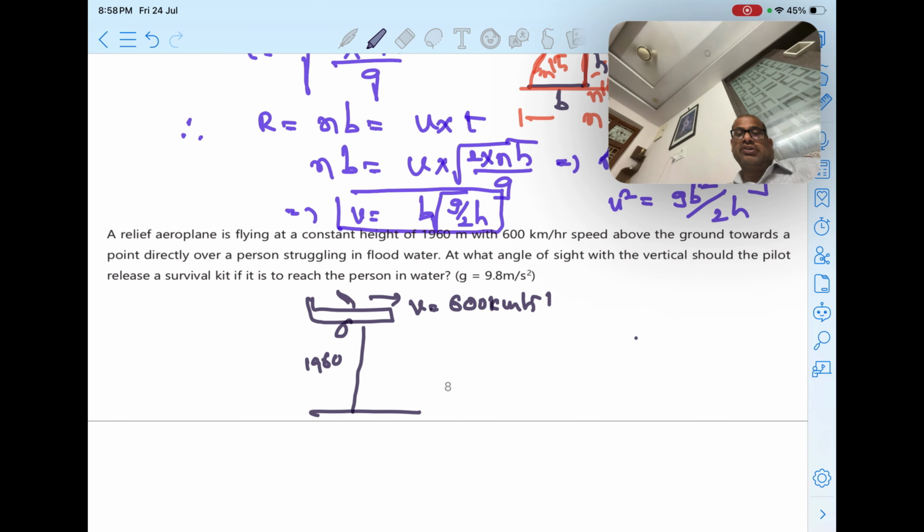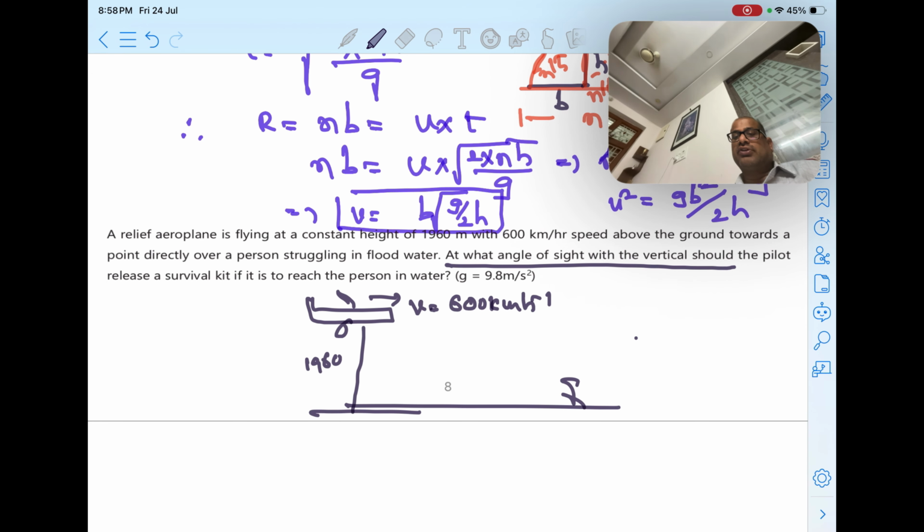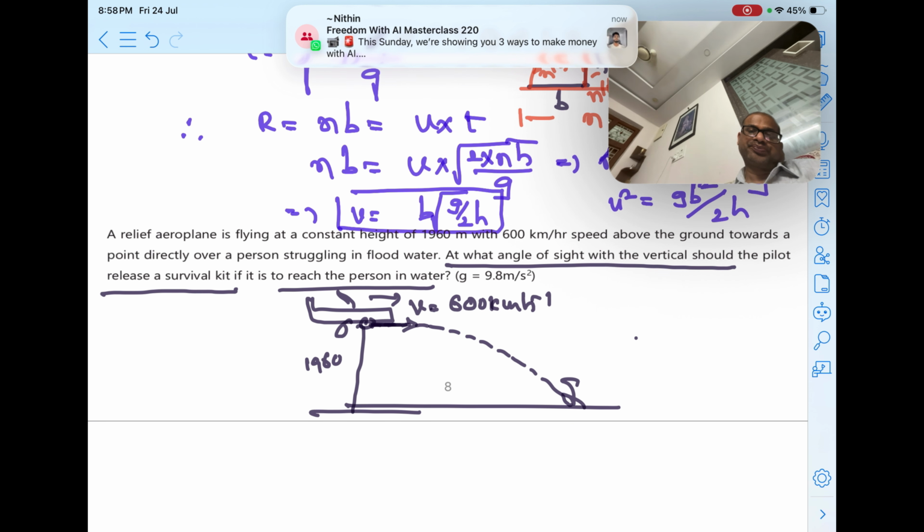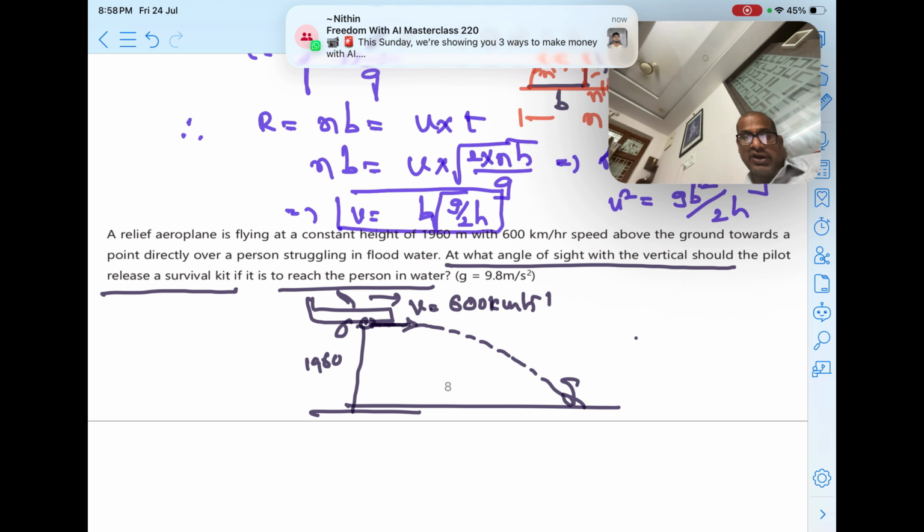Okay, so there is a person at a particular distance, and when the kit is released from the aeroplane here, at what angle of sight with the vertical should the pilot release it so that the kit will hit the person? When it's released, it will not travel directly down, it tries to travel along with the horizontal, isn't it?